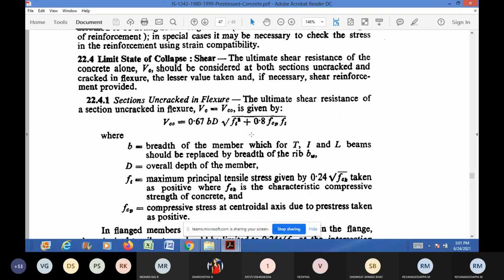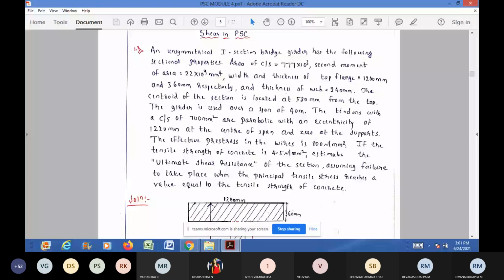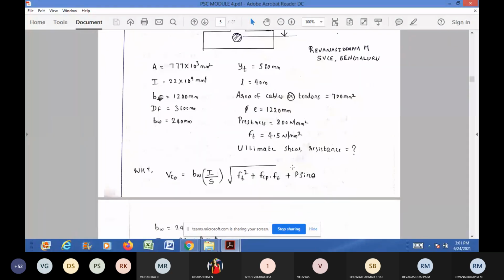In our problem, it is a parabolic cable having an eccentricity of 1220 mm at the center and 0 at the support. So for a parabolic cable, plus P sin theta will come. Remember this. If it is a straight cable, write only the formula given in the codebook and do the calculation.